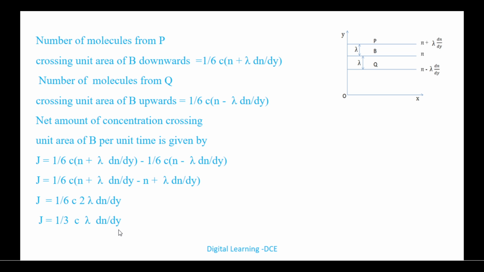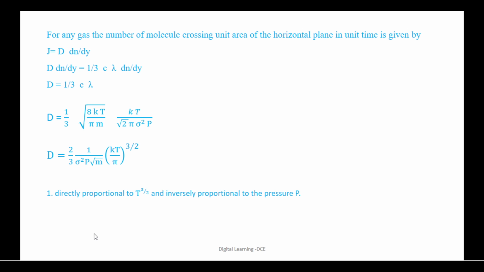Actually, this is nothing but diffusion. In the next slide, by the definition of diffusion, for any gas the number of molecules crossing unit area of the horizontal plane in unit time is given by J = D dn/dy.